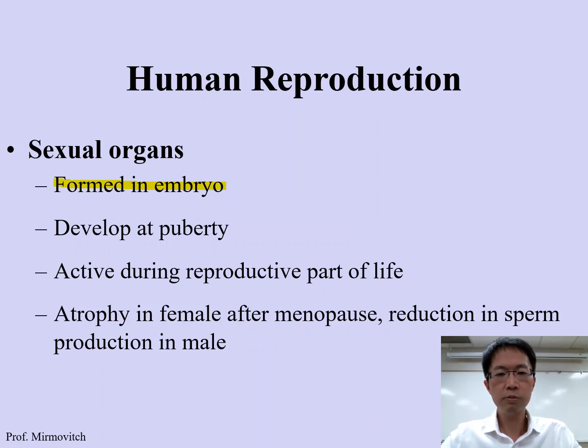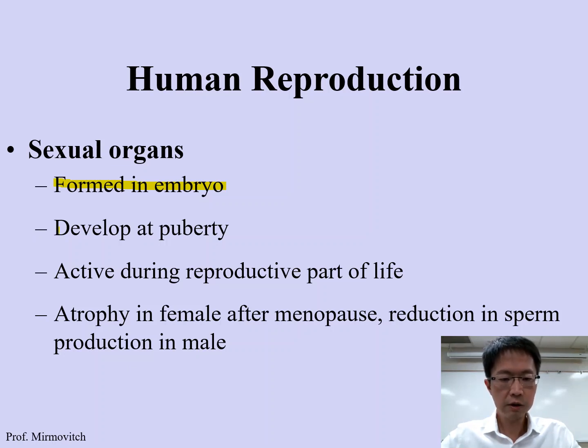As soon as the baby girl is born, she will stop making eggs. So baby girls are born with a fixed number of eggs. Unlike males, we make fresh sperm throughout our lifetime after puberty. So that's the difference. It sounds very unfair, but that's what nature did to us.